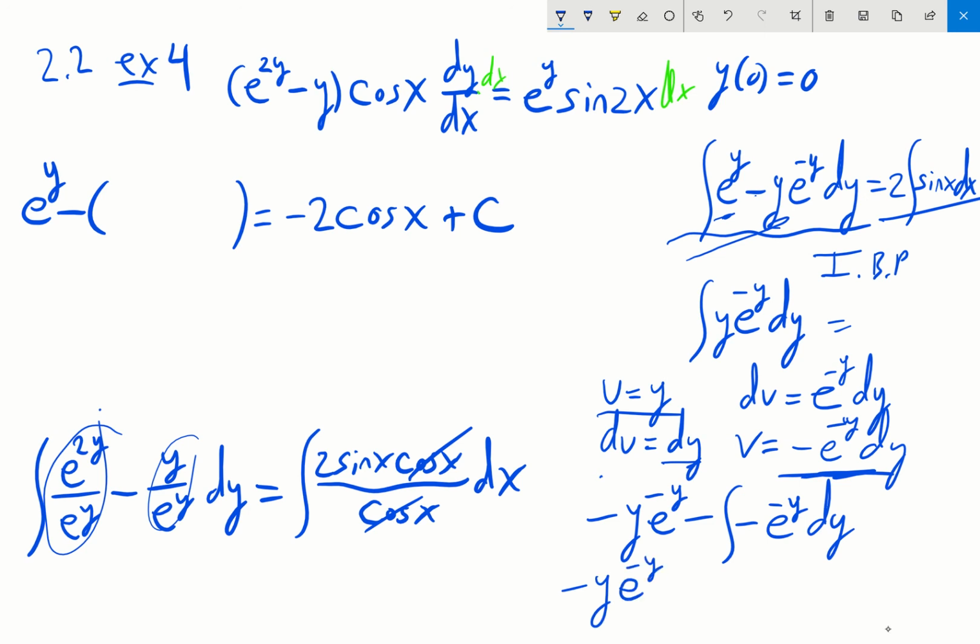This negative and this negative would make a positive, and then when you integrate this with u substitution, we'll pick up yet another negative sign from the u sub, so that's going to be minus e to the negative y.